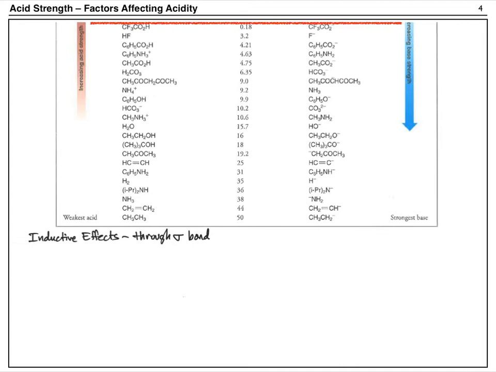You're dealing with comparisons. So the case we want to look at is the acid case, the carboxylic acid. So ethanoic acid, which we just saw, I want to compare that, CH3CO2H at 4.75, with this species here, CF3CO2H at 0.18. So the difference is CH3 versus CF3.